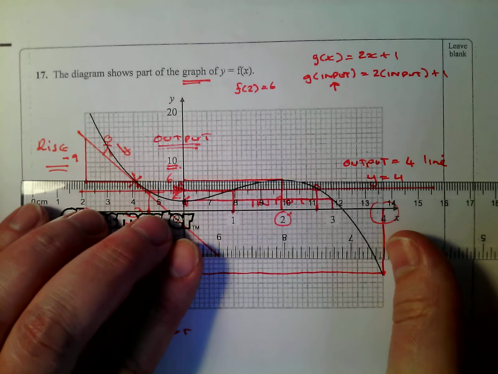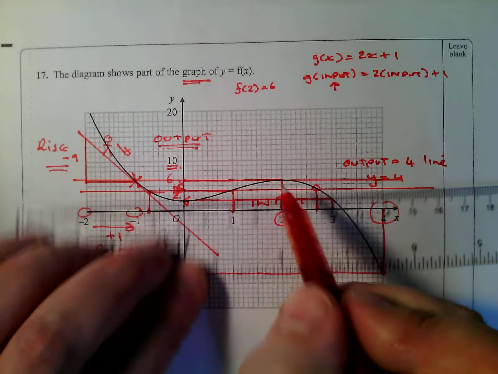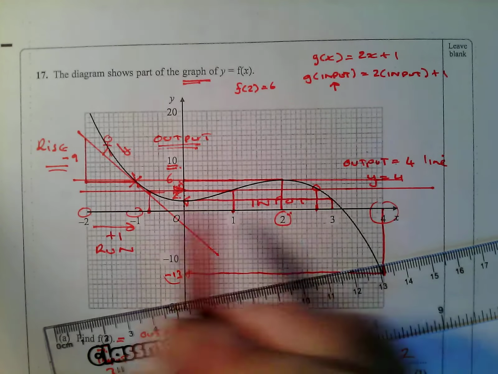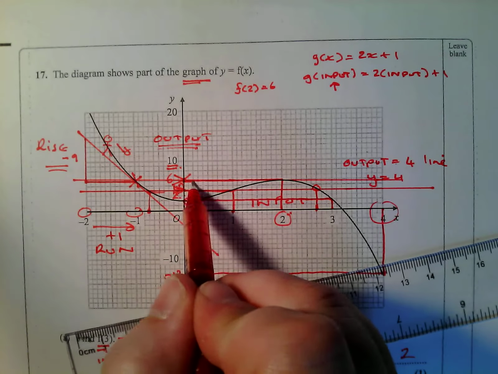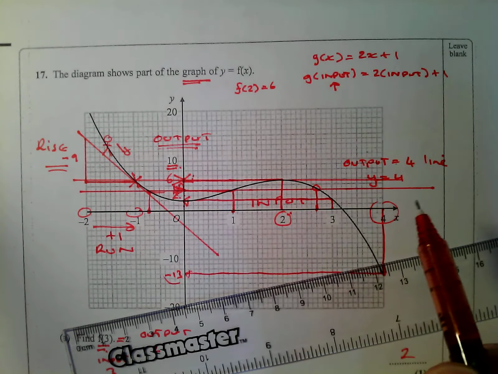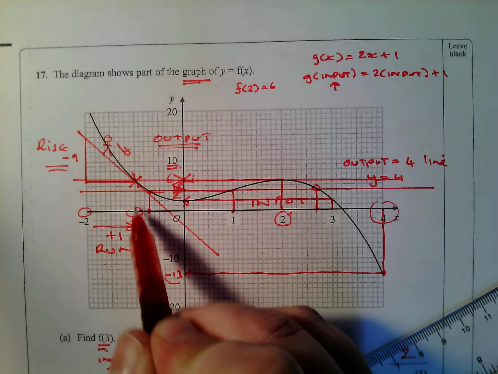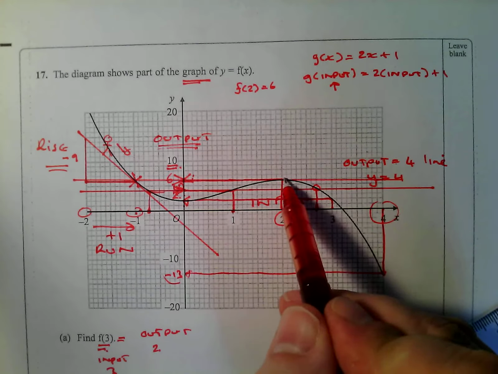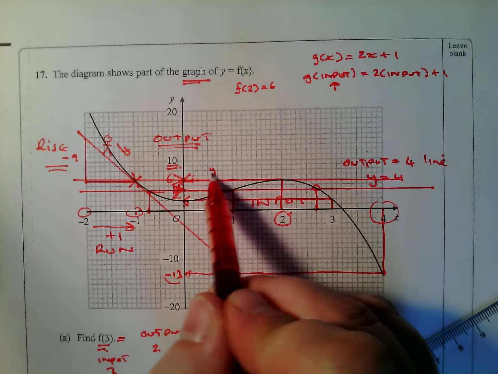Remember, y coordinates are output numbers. You can see that there are 3 inputs that would create that output: one here, one where we had before, and another one over here.